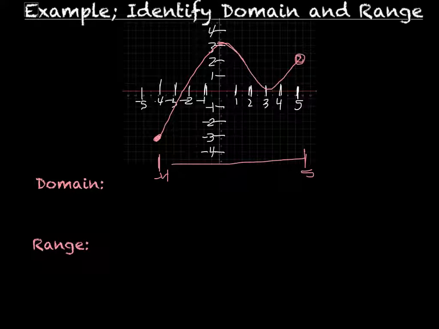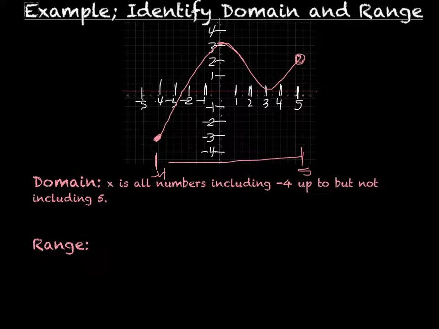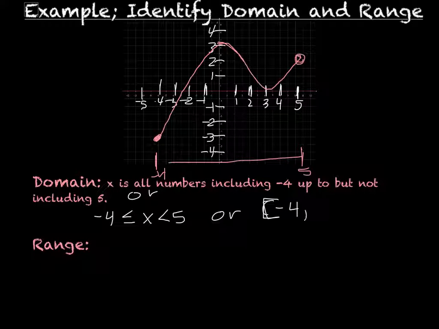How I would write that in words: x is all numbers including negative 4, but not including 5. We can also write it as an inequality: negative 4 is less than or equal to x, which is less than 5. Or an interval would be negative 4, including negative 4, so a square bracket, up to 5, but not including 5.